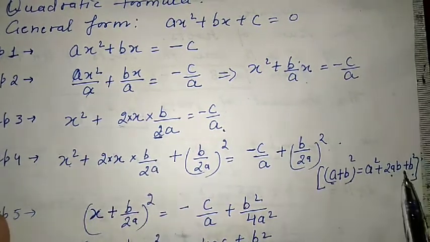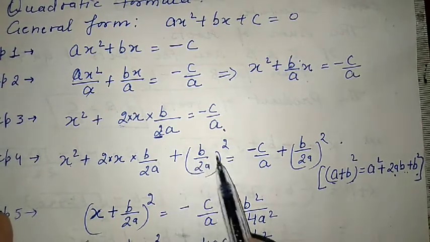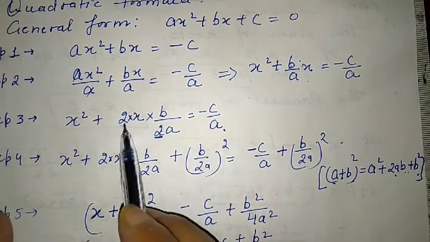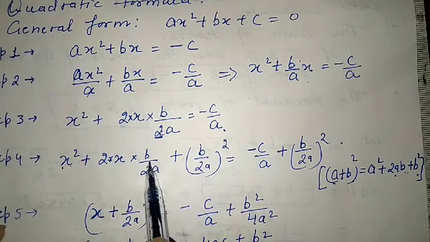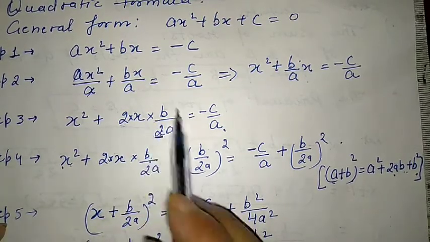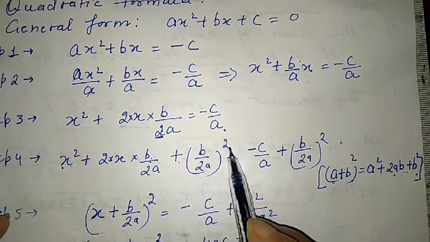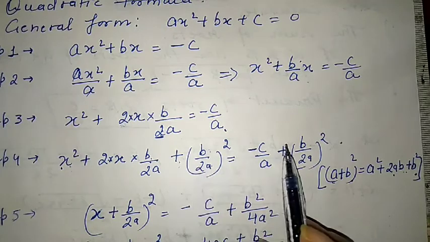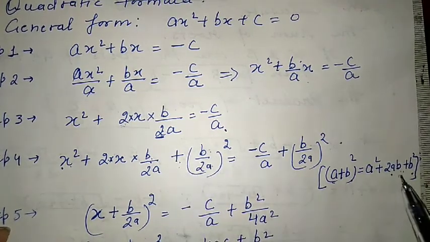To make it in this form, the b square form, what we will do: this is 2, this one is a which is written here, this is our b, so b is this one, b upon 2a. So we will add b upon 2a whole square to both sides to make this identity in this form.